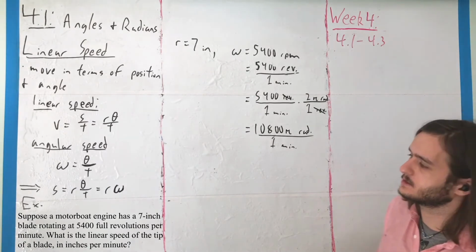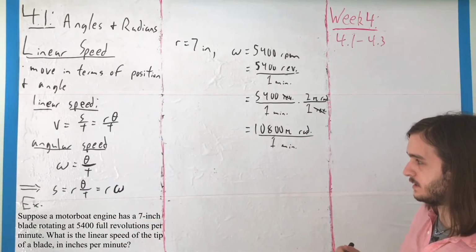We have our radius, so we can get our linear speed.